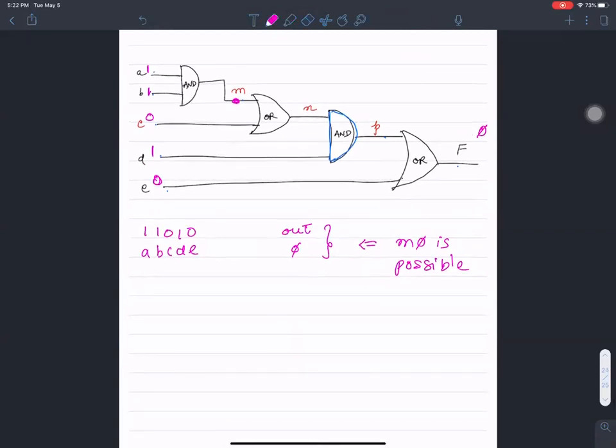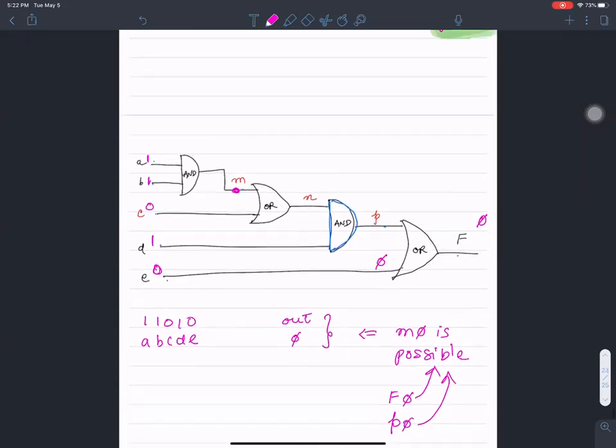So it is possible that M is stuck at 0, or it is quite possible that F is stuck at 0. That's possible too. Okay? Or it is quite possible that P is stuck at 0. That's possible too. So the only thing I know for a fact is if I apply this input and see an output of 1, then I know for a fact that M0 is not possible.